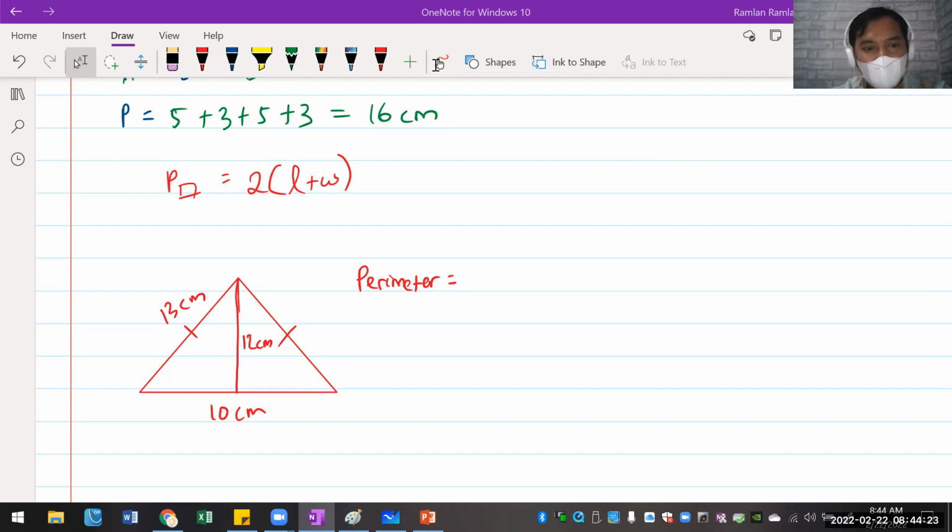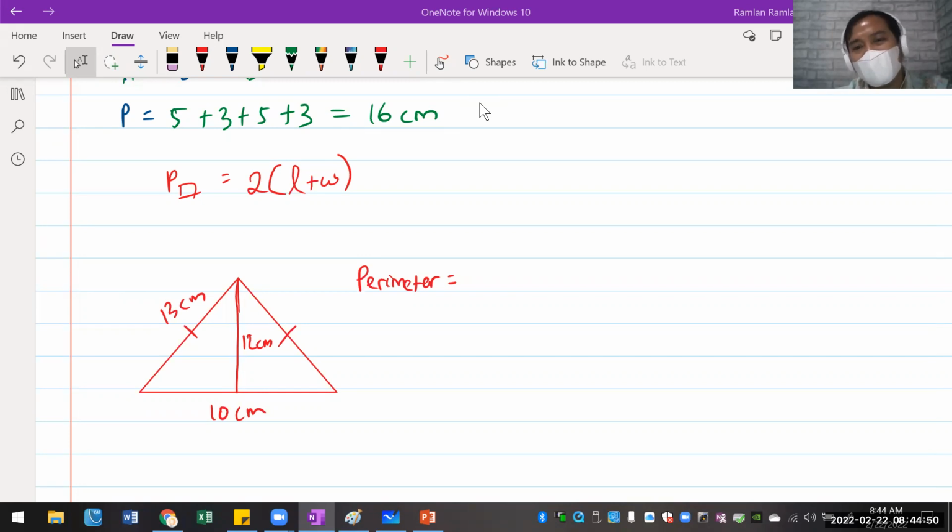Akasha said 36. Does anyone have a different opinion? Ada yang beda nggak? Bisa jadi ada yang beda. 35. Ali said 35. Okay, good. Dani said also 35. Okay. Kita lihat ya. Oke, ada lagi?